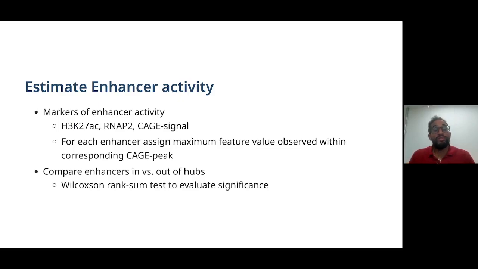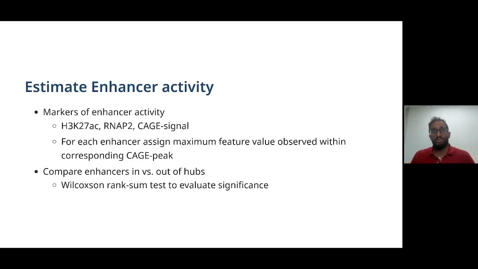Looking now at the enhancer activity, what we wanted to examine is whether or not the enhancer activity for the enhancers found inside the hubs is in any way different from the enhancer activity for the enhancers outside the hubs. The way we measured activity of an enhancer is by looking at three different epigenomic proxies: histone modification H3K27 acetylation, RNA polymerase II binding, and the transcriptional level as indicated by the CAGE signal itself.